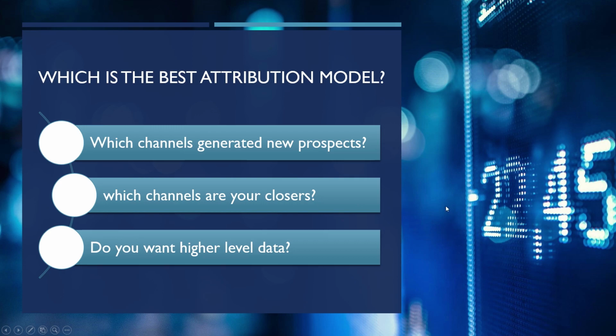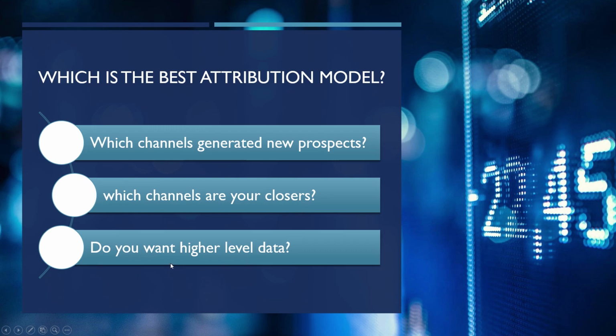Alright, so you might be asking, which is the best attribution model? Well, as I mentioned earlier, there is no simple answer, but I can help you to figure out which model is right for you. So if you want to understand which channels generate new prospects, then first click attribution model will be great. If you want to know which channels are your closers, then last click attribution model is good.